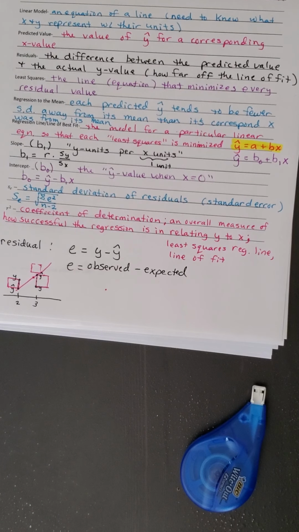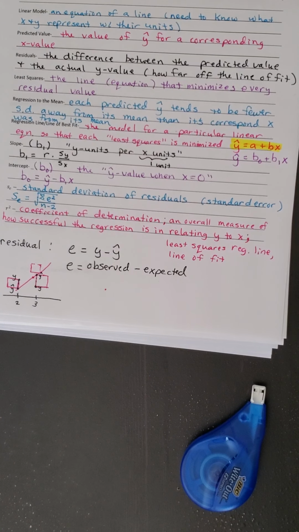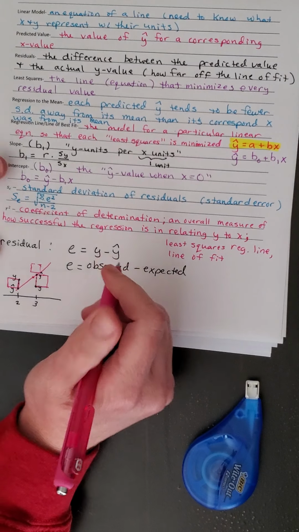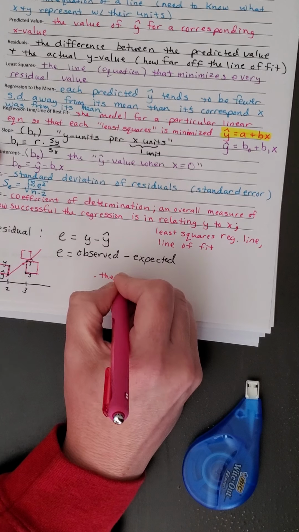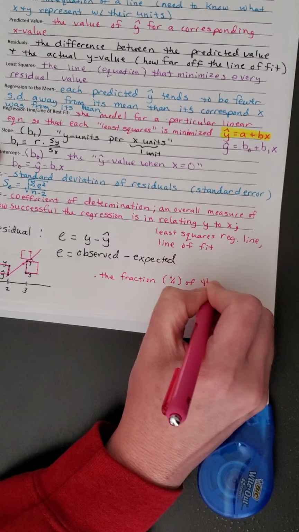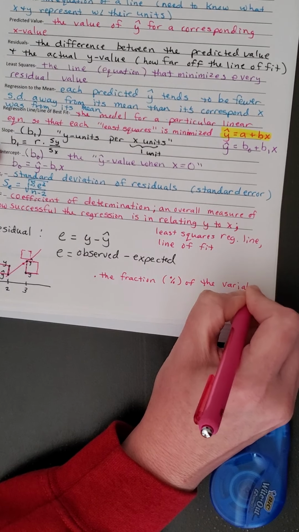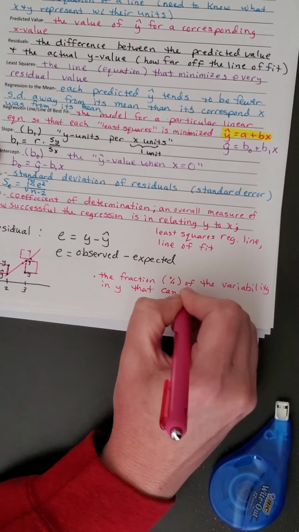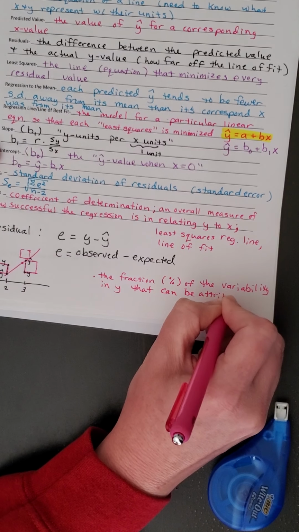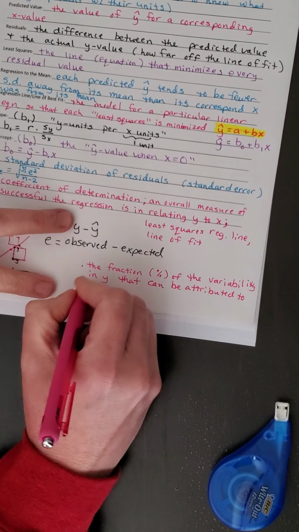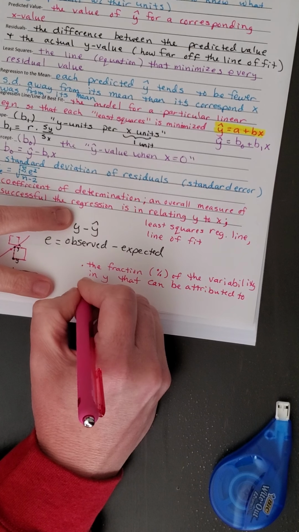It's the fraction or the percent of the variability in y that can be accounted for by, or attributed to, the regression on x.